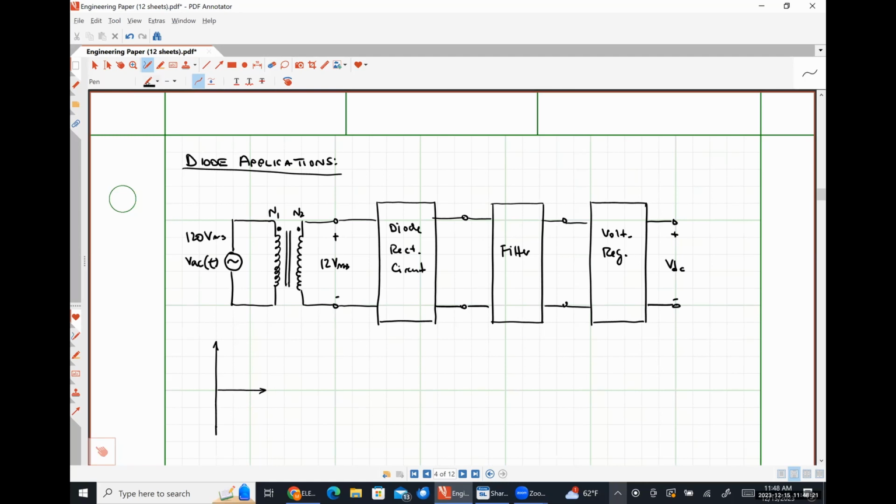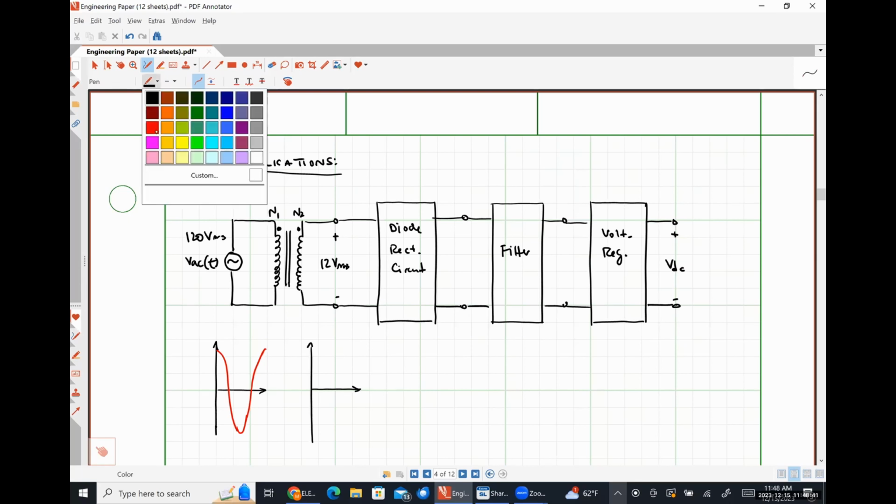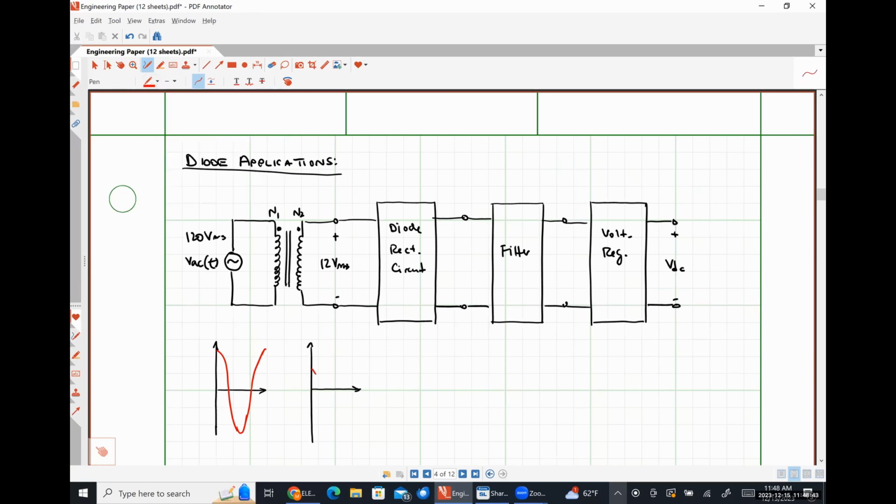For this first stage, we would expect to see a very large AC voltage. On the other side of the transformer, we expect a significantly smaller AC voltage.